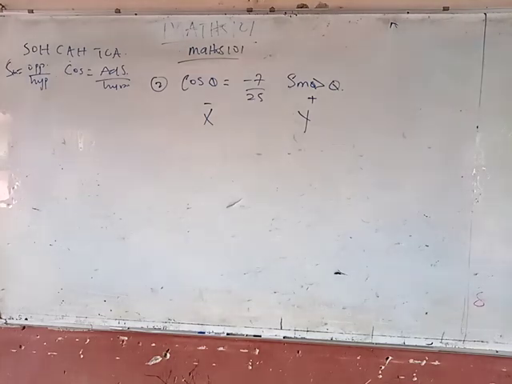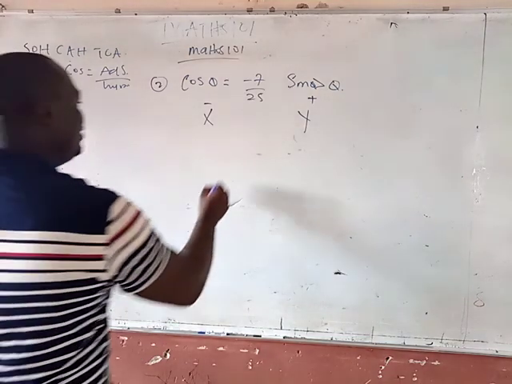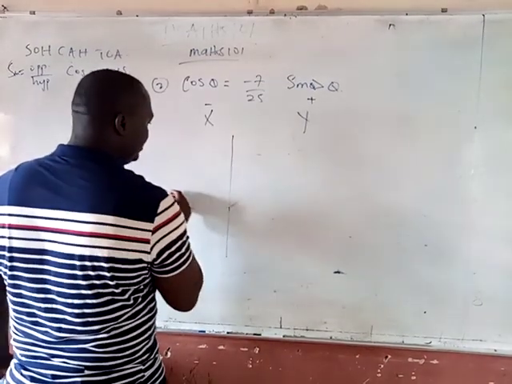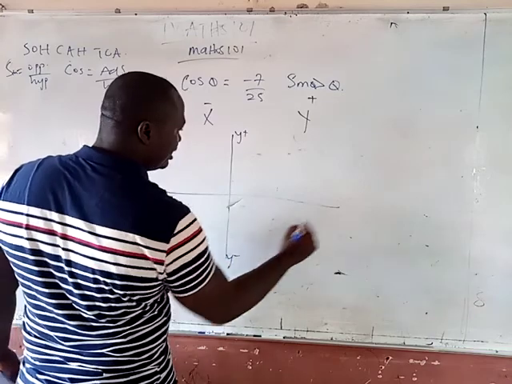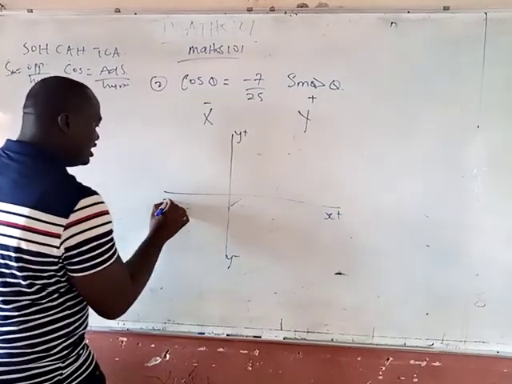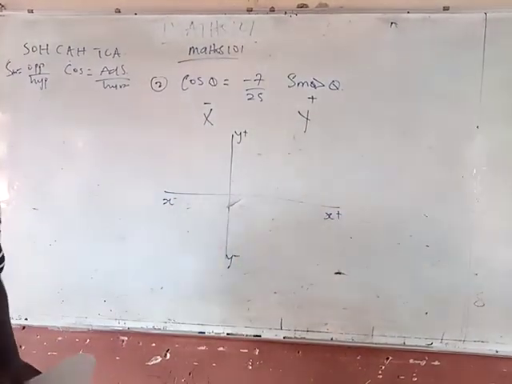Now, the next thing you ask yourself is, where is, under my graph, where is x negative and y positive? If you can just know that, life is easier. Now, if this is my graph, we know that here is positive and negative, and here is positive x, and here is negative x.